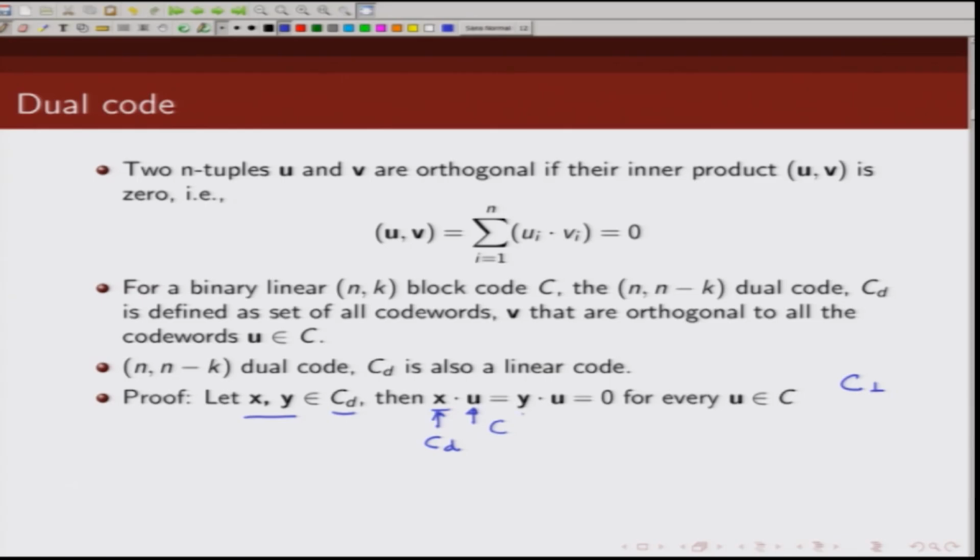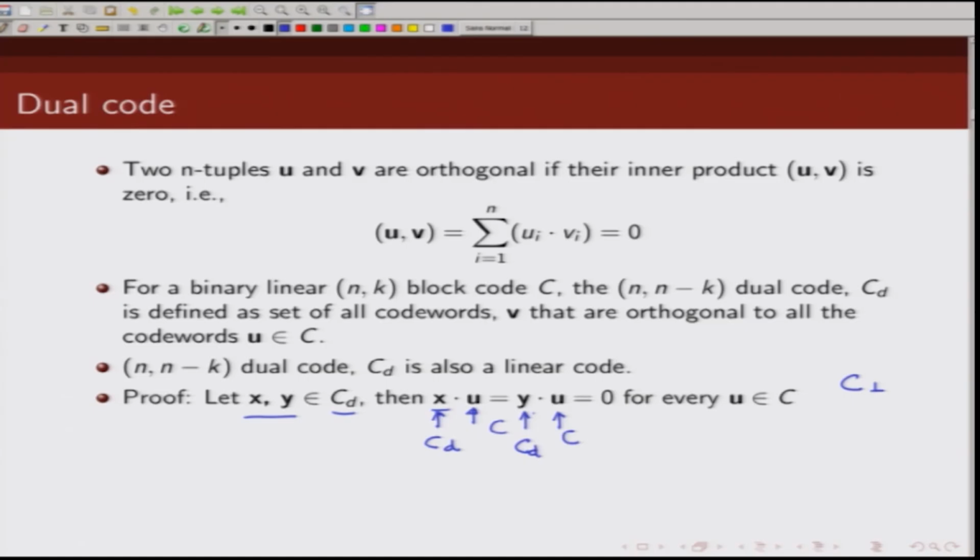Similarly, code word y which belongs to the dual code and code word u which belongs to the original code are orthogonal, so their dot product is 0. So we can write x dot u is equal to y dot u is equal to 0.